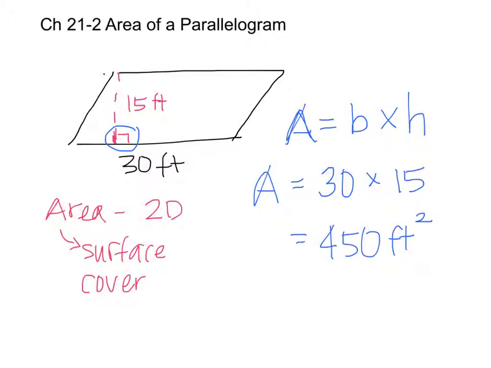Because if you represent one square in the whole parallelogram as 1 foot by 1 foot, then that's how many 1 foot squares it is. Right. Exactly. That's how many squares can fit inside of this parallelogram. 450 little one-foot squares can fit inside of this area, right?